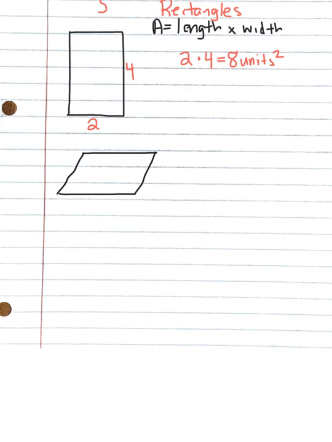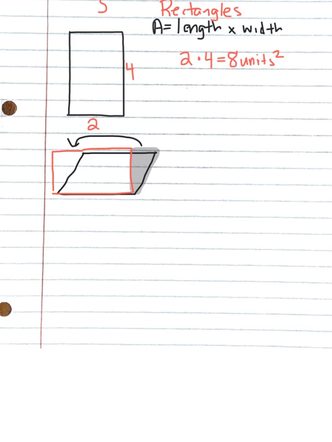You can almost think of it in a couple ways. We could sit there and think about cutting this piece off and then moving it over here and adding it there, and now you would have this new rectangle.